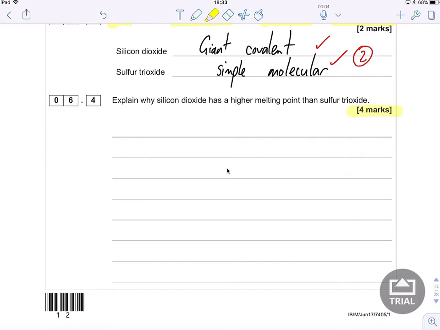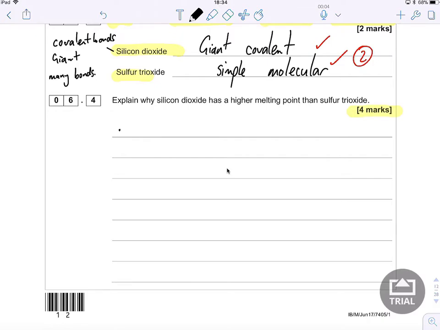So I would split this into 2, thinking, right, I need to say 2 things about silicon dioxide, 2 things about sulfur trioxide, and that should be enough to get my marks. So what am I going to say? I'm going to start with silicon dioxide. I'm going to say it's got giant covalent bonds, and it's got high melting point because it's got many strong bonds to overcome.